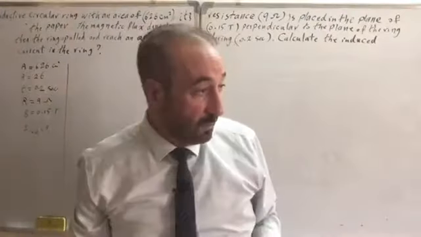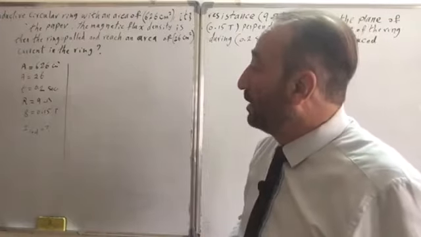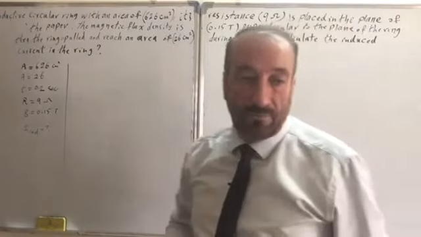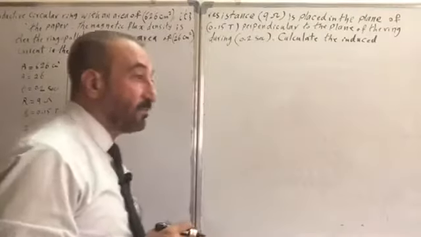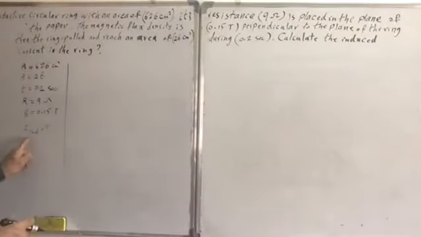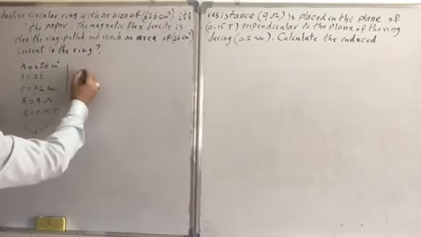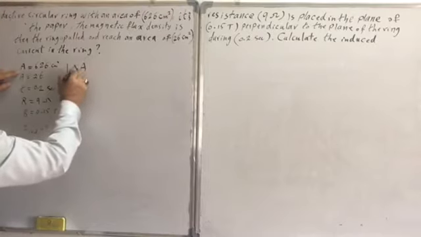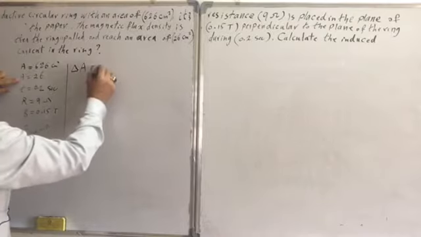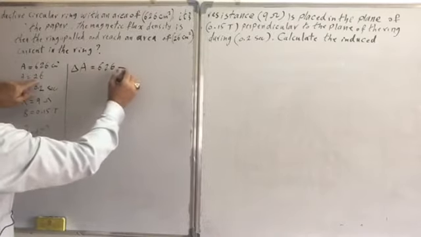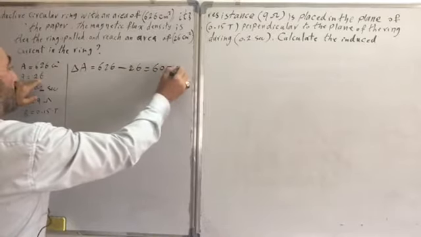To find I induced, at the beginning we should find the E induced, the electromotive force, and after that the I induced. Now we have two areas, therefore we must say 626 minus 26 equal 600 centimeters squared.